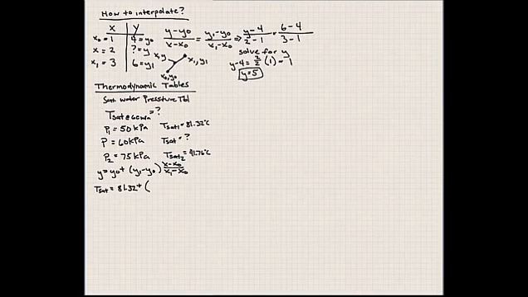So y1 is 91.76 degrees Celsius minus 81.32. And that's multiplied by x, which we happen to know. We want to find it at 60 kilopascals, minus x naught, which is 50 kilopascals, divided by x1, which in our case is 75 kilopascals, minus x naught, which is 50.